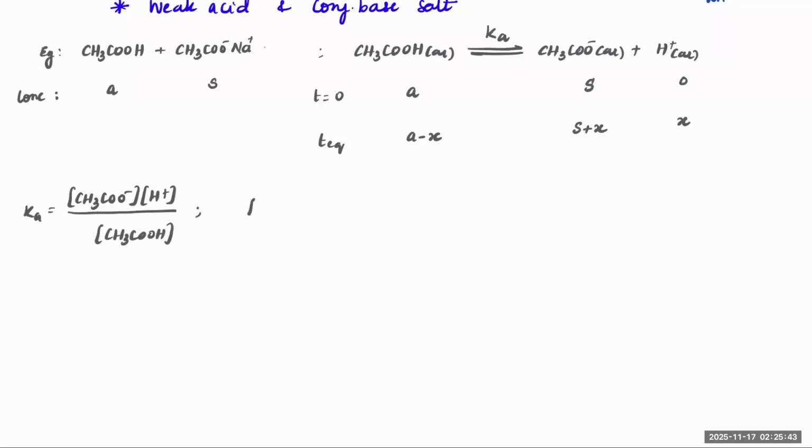And from here, H plus concentration can be written as Ka multiplied by CH3COOH divided by CH3COO minus.